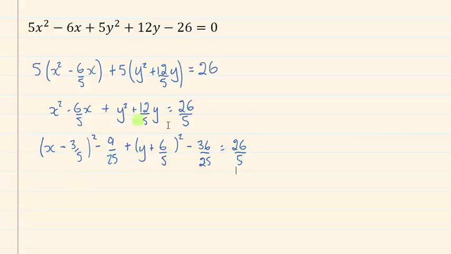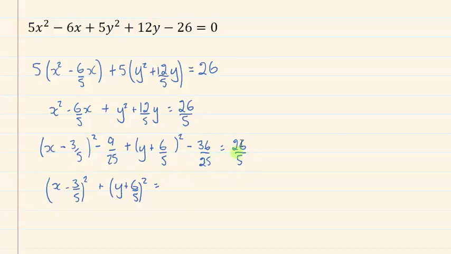At this stage I want to collect all the number terms to the right hand side, so that will leave me on the left x minus 3/5 squared plus y plus 6/5 squared. 9 and 36 is 45 25ths, and I'm going to add that on to 26/5.